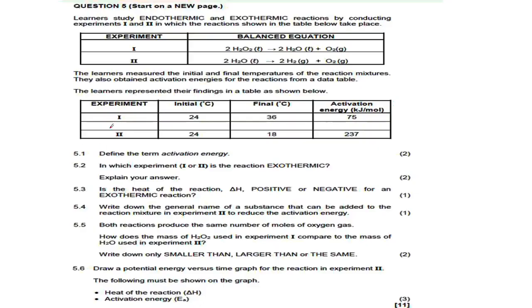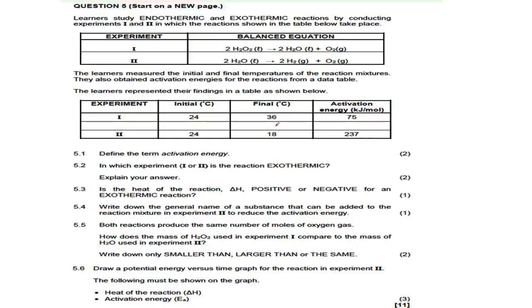And then in experiment 2, we can see that the temperature was 24, but then it decreases to 18, but the activation energy is now higher. Now we know that this one would have hot surroundings. Exothermic releases the energy. This one from 24 to 18, cold surroundings.